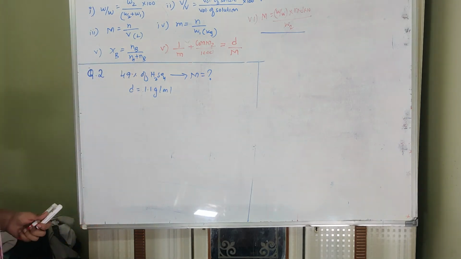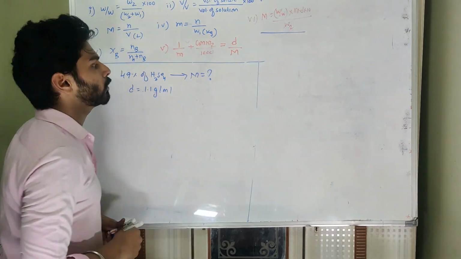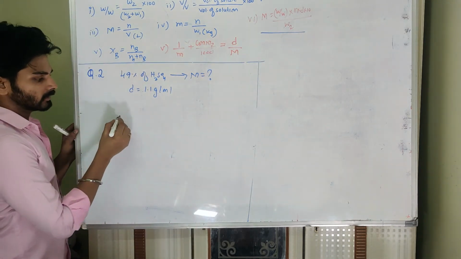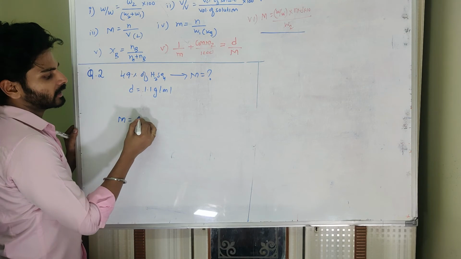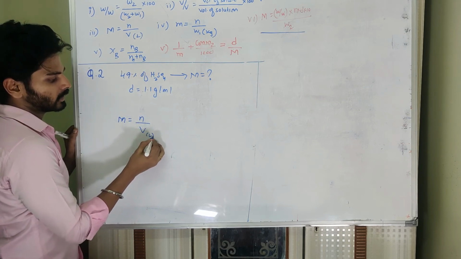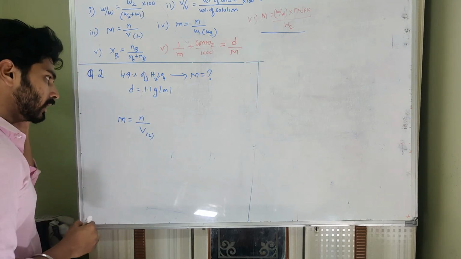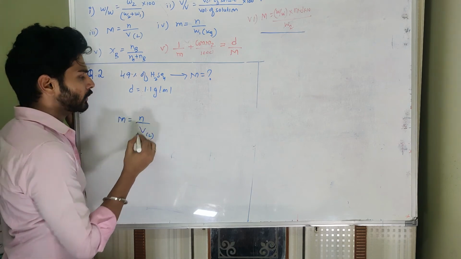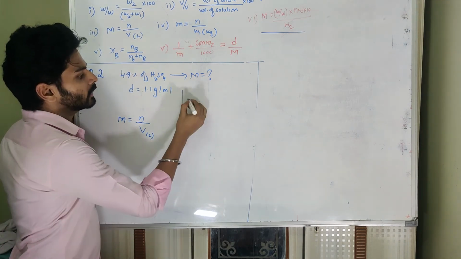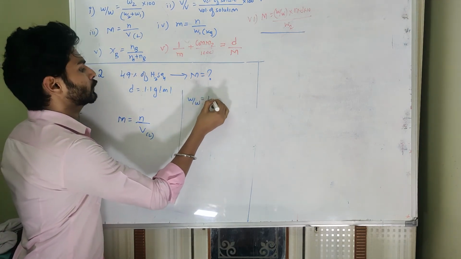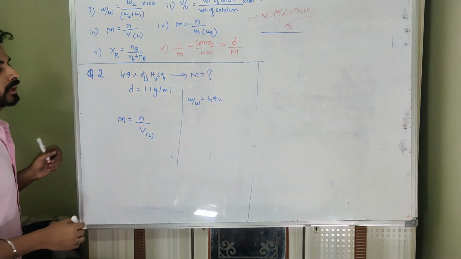There are two ways. One way, definitely we can use this formula. The other one is using molarity, which is mole upon volume, where volume has to be in liter. But to get the mole, remember this W by W as 49%. What does that indicate?